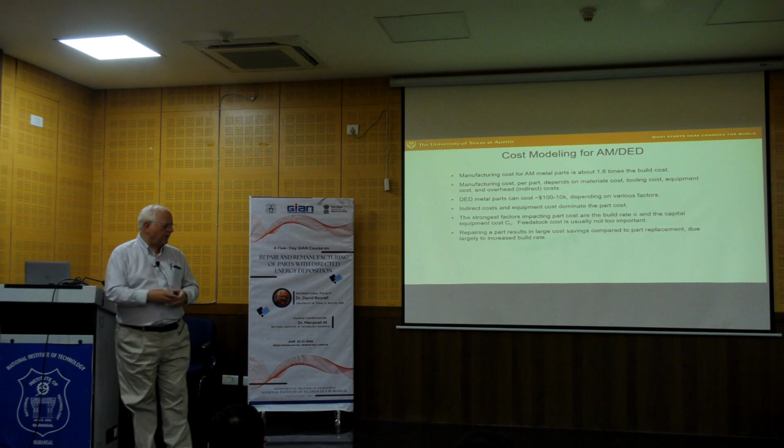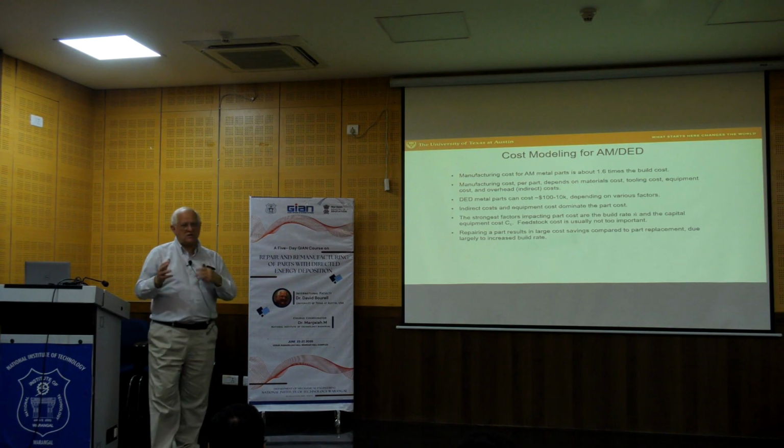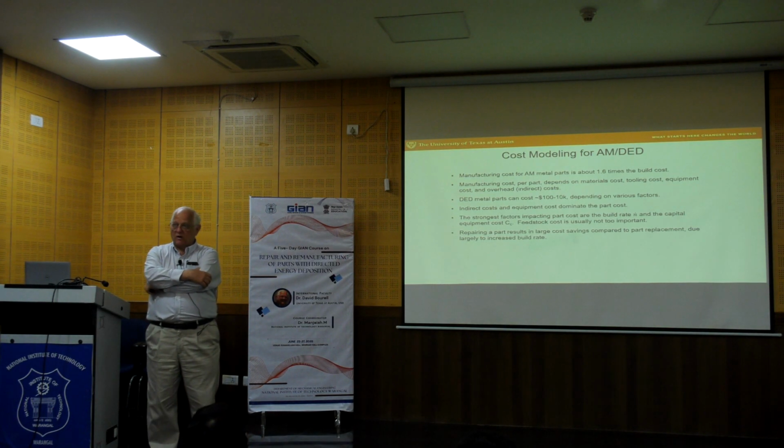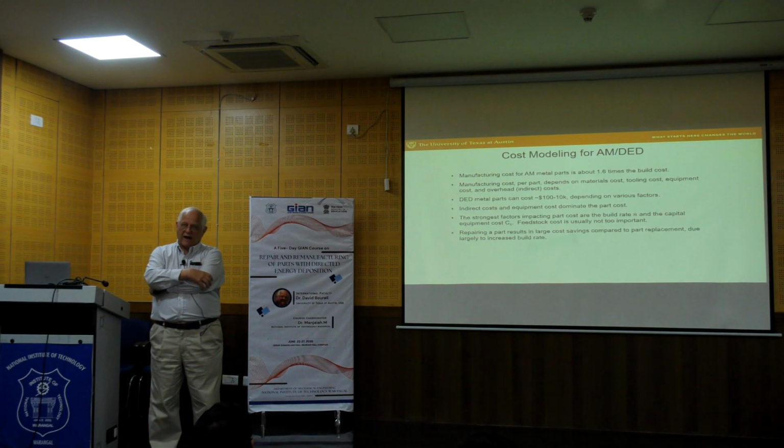On increasing the production rate, there are a number of examples of this as well. In the metals world, perhaps one of the more common examples with the laser-based processes is using multiple lasers to increase the build rates.